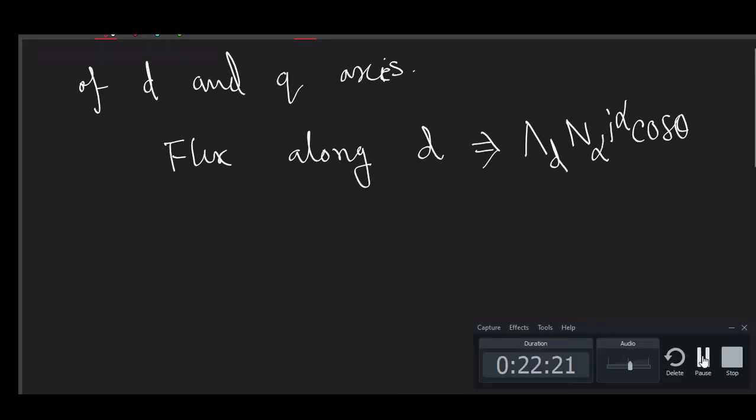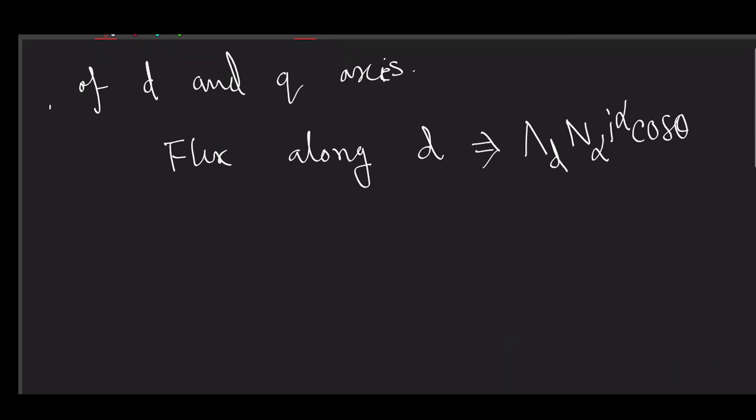Right. So this flux along D is this one. So flux along Q will be how much? That will be lambda Q n alpha I alpha sine theta. But here the trick is that it should be minus. Why?